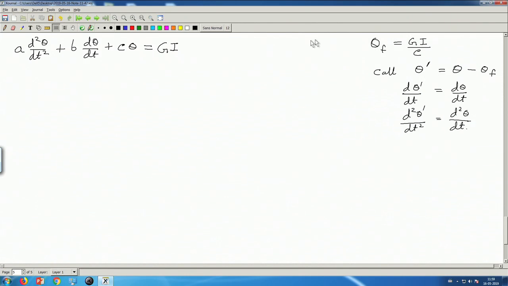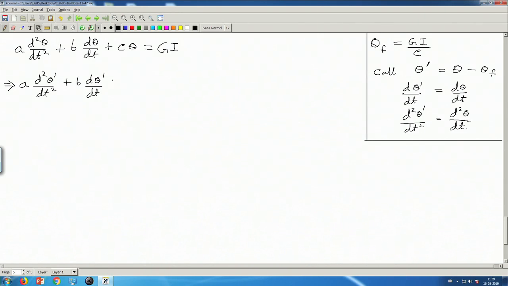So, now here we write a d 2 theta prime by dt2, because this and these two terms are same from here, then plus b d theta prime by dt plus c, here in place of theta I will write theta is equal to theta prime plus theta f.